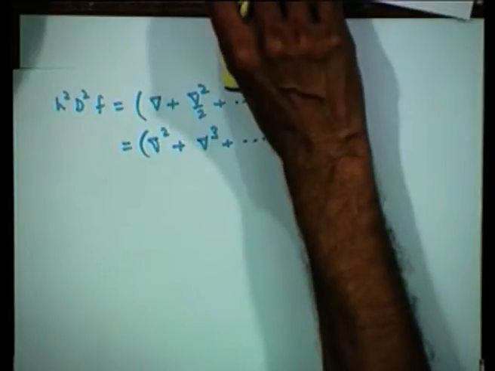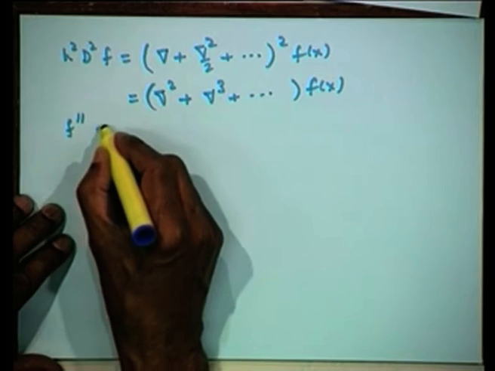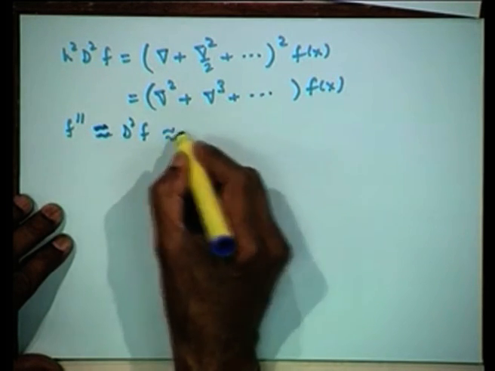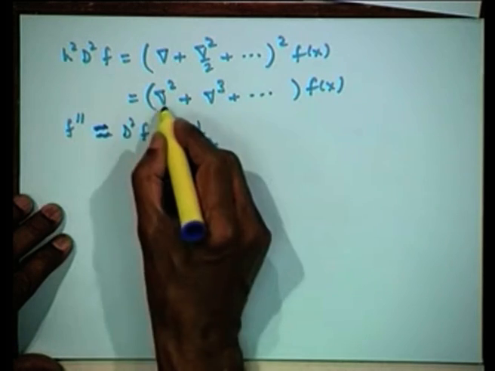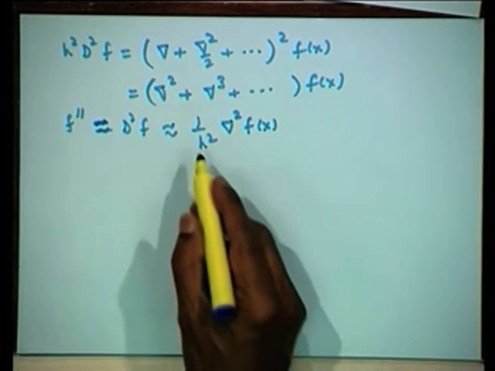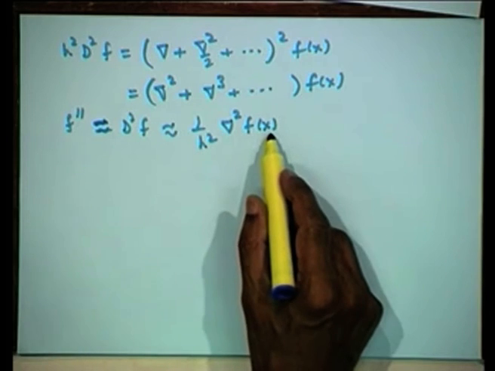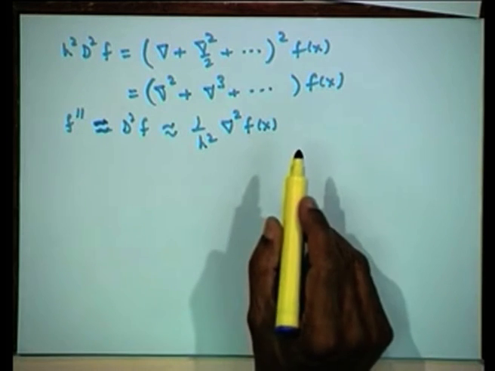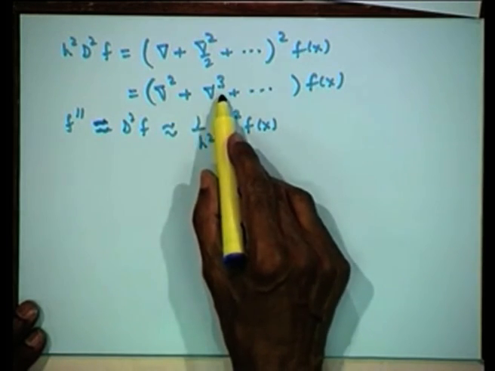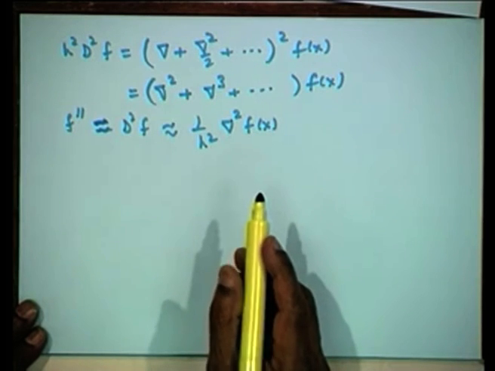Now, again whatever we have done earlier, we can get the second derivative approximation: d squared of f is approximately 1 upon h square delta squared of f x. So, this was the formula we had derived, f double dash at x n is 1 upon h square delta square of f x n. So, we have got the same formulas again. I can therefore use the next term also, the next term is delta cubed. So, I will be using more number of points to get the formula.